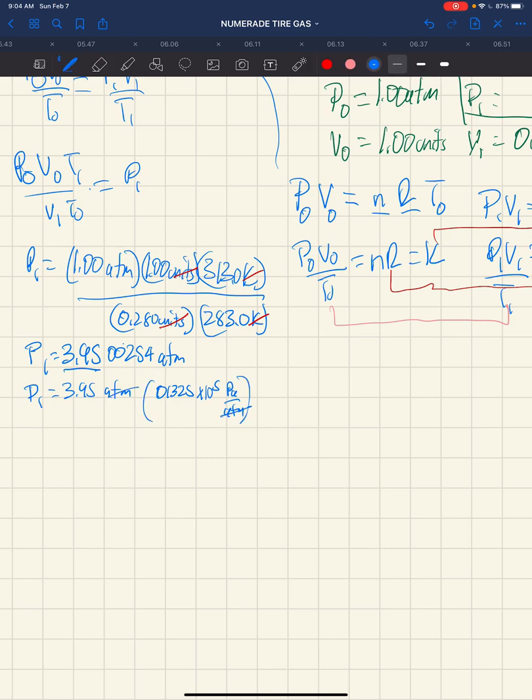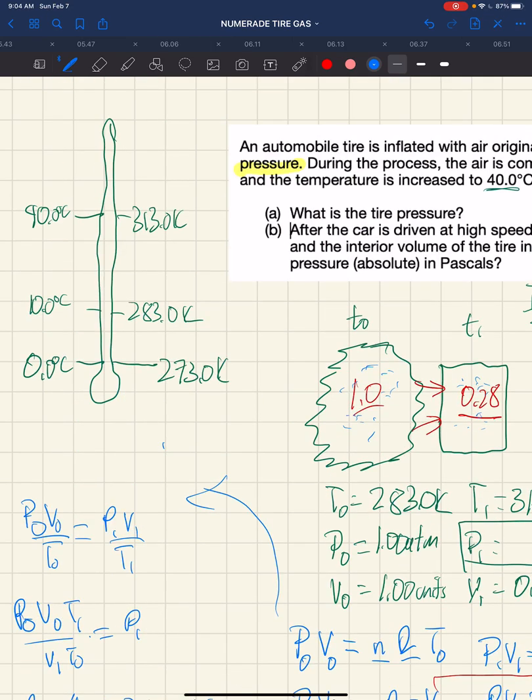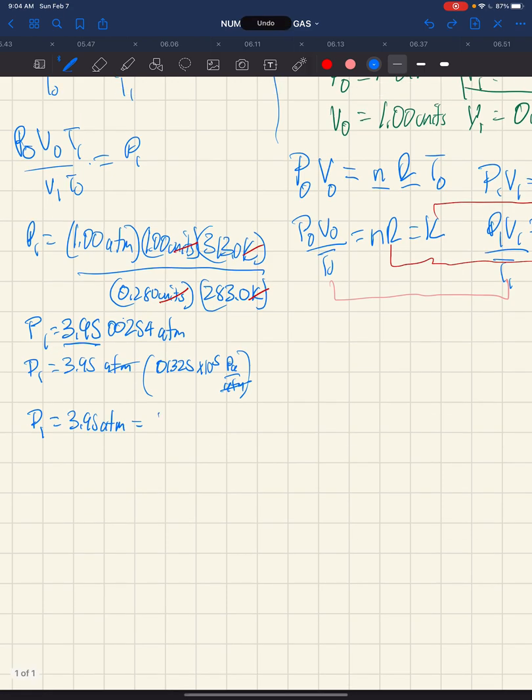So our atmospheres cancel, we're left with pascals. So we end up with P1 is 3.95 atmospheres. It is also equal to 4.00 times 10 to the 5th pascals.